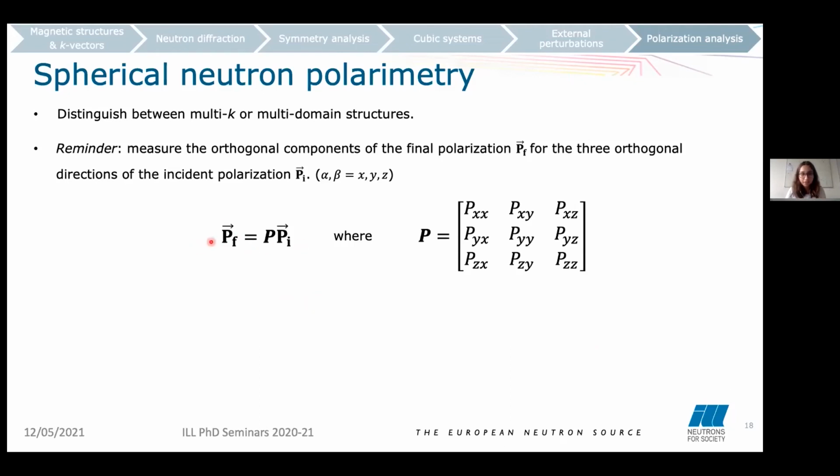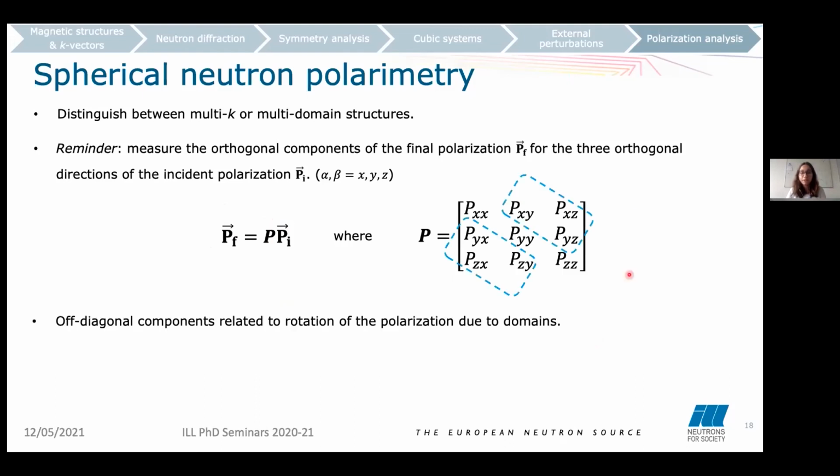The definition of the initial and final polarization can be written like this, with a polarization tensor, which is shown here. In spherical neutron polarimetry, it is possible to measure these off-diagonal components, and these are the ones that are related to rotations of the polarization due to domains.